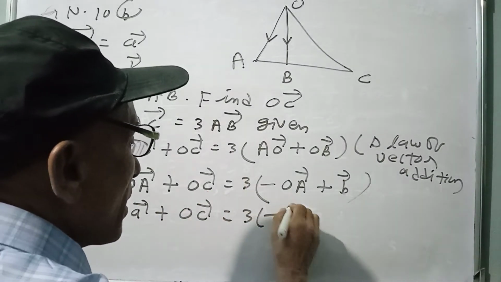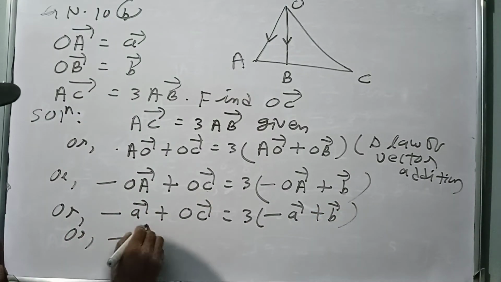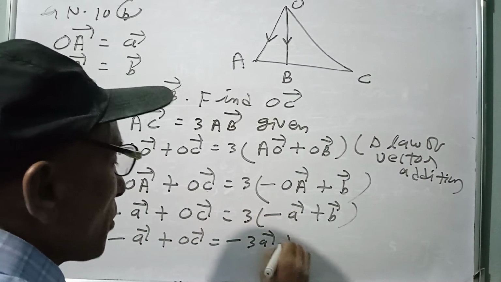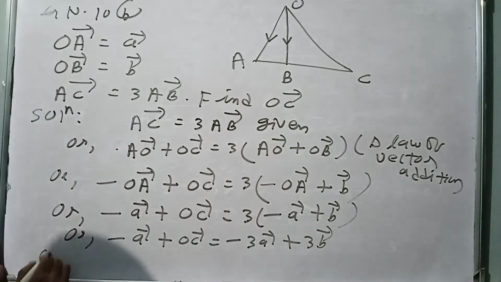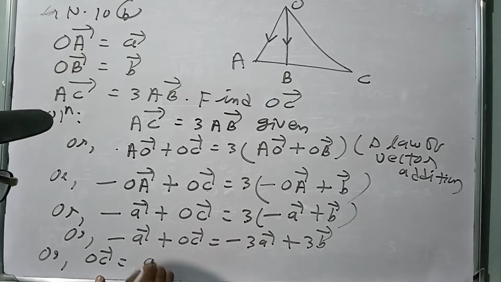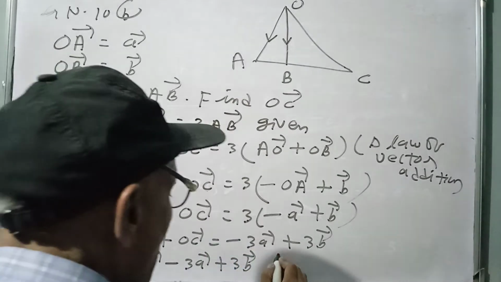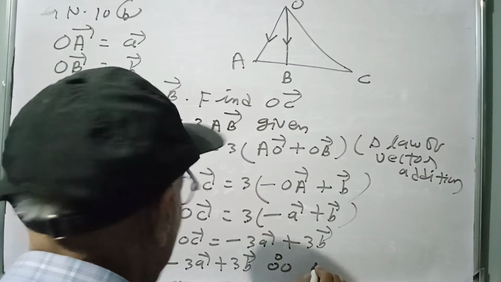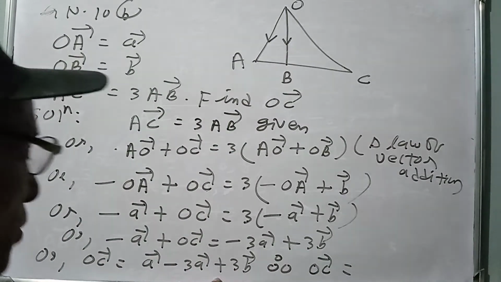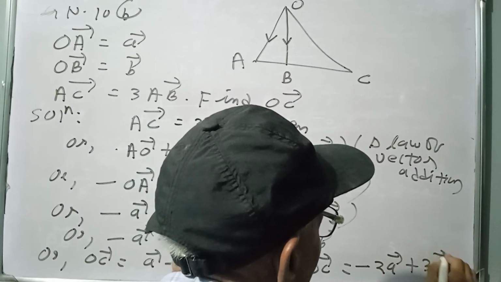Equals 3 times minus A plus vector B. Remove the bracket: minus A plus OC equals minus 3A plus 3B. Or OC equals, taking this to the other side, A minus 3A plus 3B. Therefore vector OC equals minus 2A plus 3B, minus twice A plus 3B, the answer.